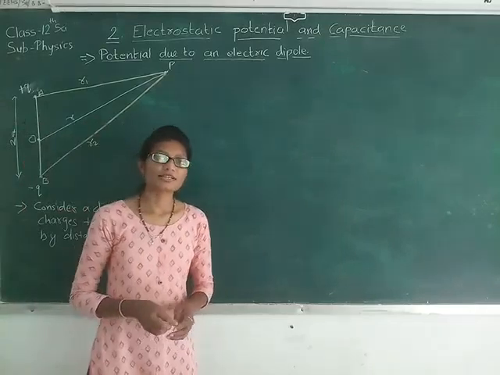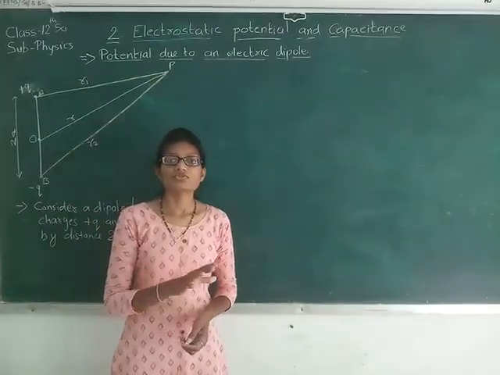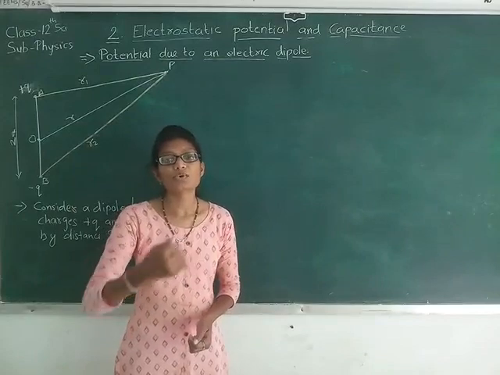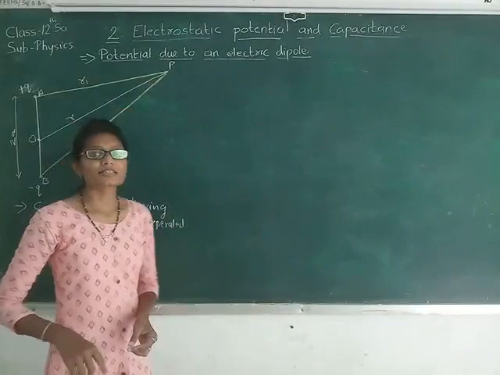As already said, whenever we need to write the theory, first of all we need to know what we are going to find, and we need to first discuss the figure.